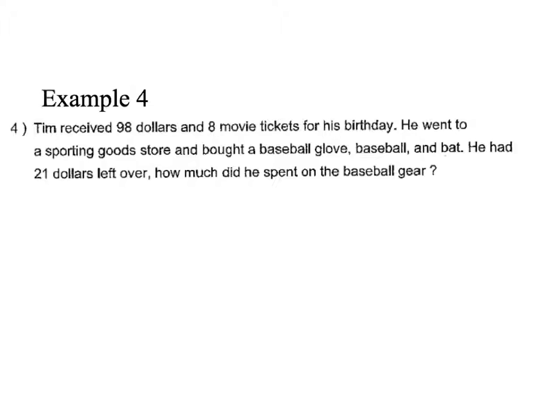Tim received $98 and 8 movie tickets for his birthday. He went to a sporting goods store and bought a baseball glove, baseball, and hat. Just kidding, and bat. Reading's hard. He had $21 left over. How much did he spend on the baseball gear? Okay, so again, your variable is defined by the question, which is usually the last sentence.